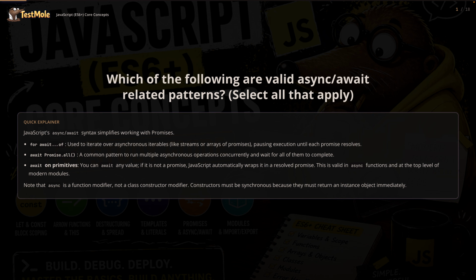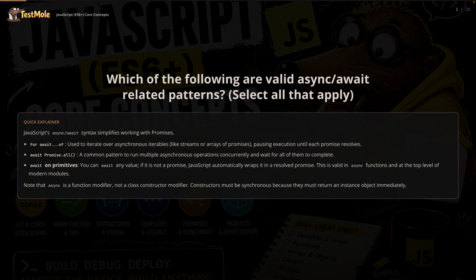Await Promise.all, a common pattern to run multiple asynchronous operations concurrently and wait for all of them to complete. Await on primitives. You can await any value. If it is not a promise, JavaScript automatically wraps it in a resolved promise. This is valid in async functions and at the top level of modern modules.